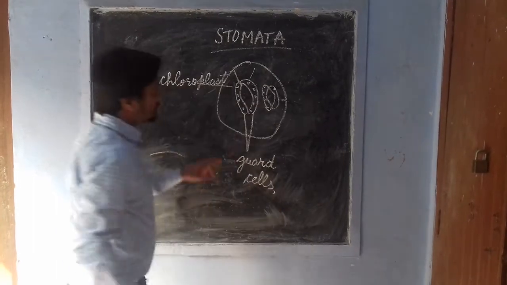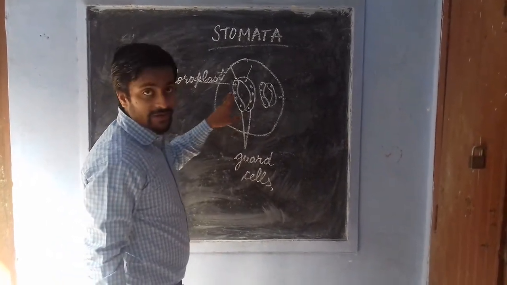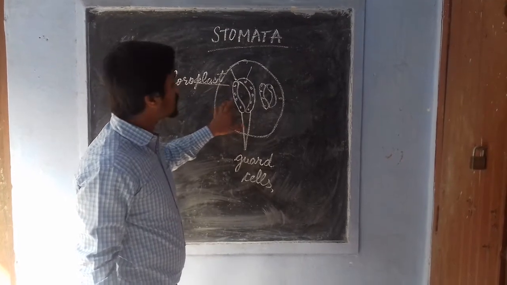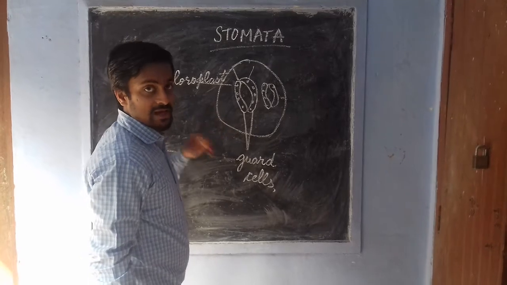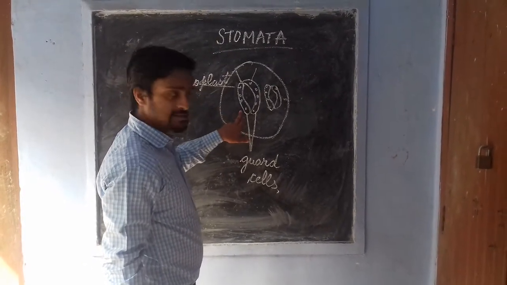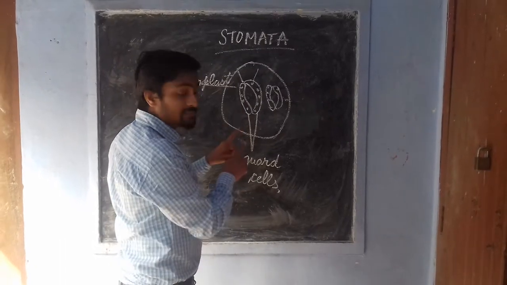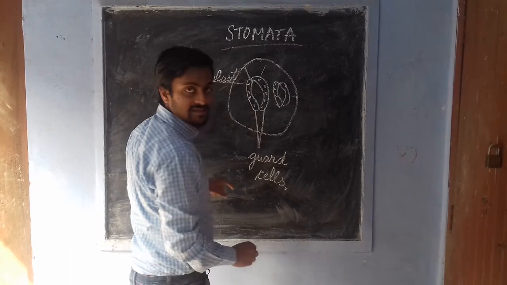What is the function of these guard cells? These guard cells regulate the opening as well as the closing of the stomatal pores. By which process? When water enters these guard cells, they become rigid and the stomata opens.